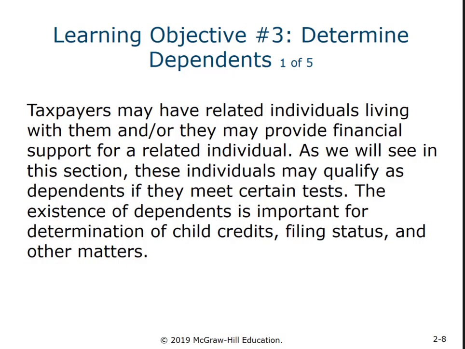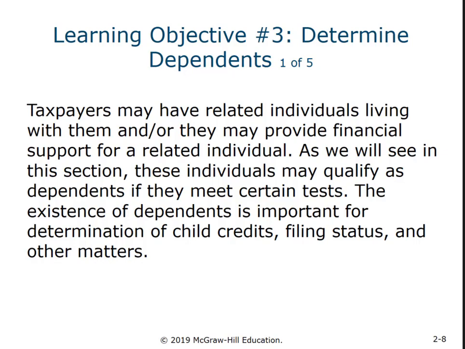So dependents. This is an important concept, maybe less so now than it was prior to the new tax law, in that there is not a separate deduction for dependents anymore. That may come back because everything was passed as a temporary situation until 2025.